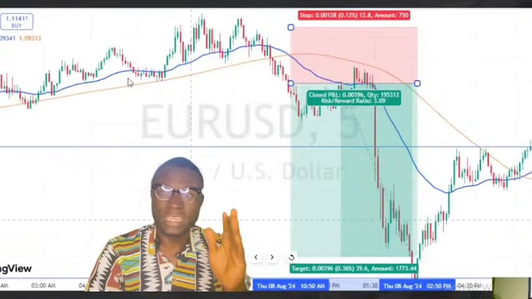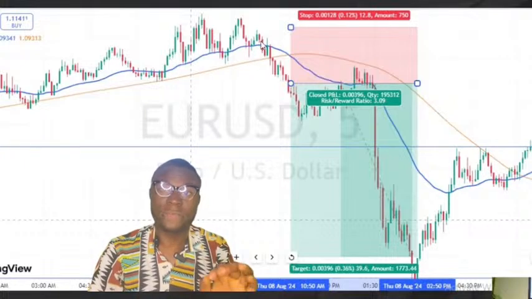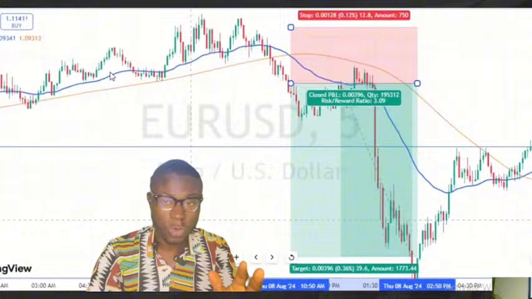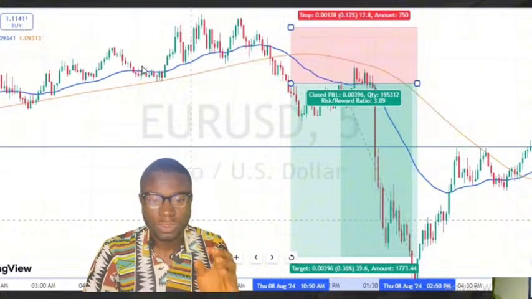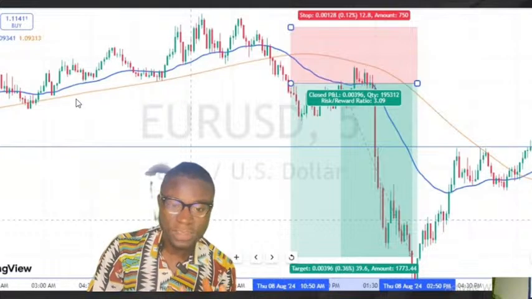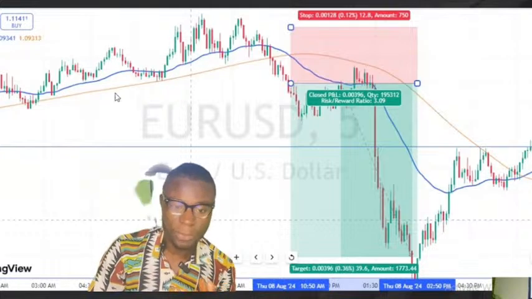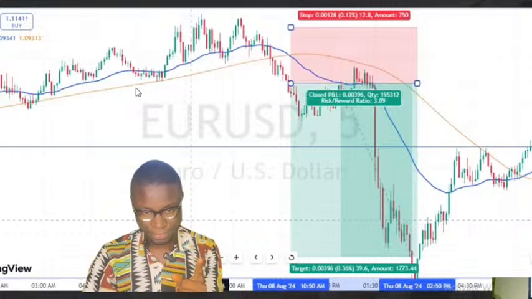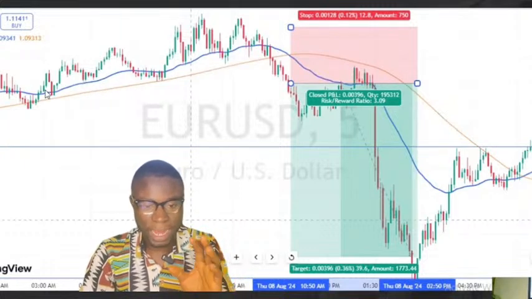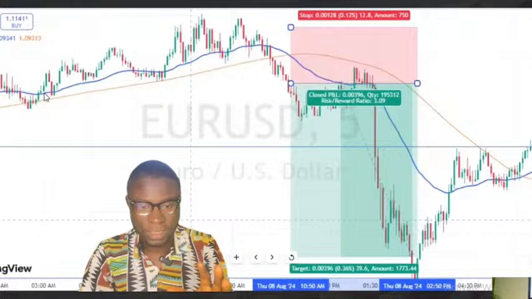You can see how price was moving here above these moving averages. Price was trending above these moving averages, especially above this orange colored moving average. This is the number one thing you need to observe. Price has been moving above the orange colored moving average.